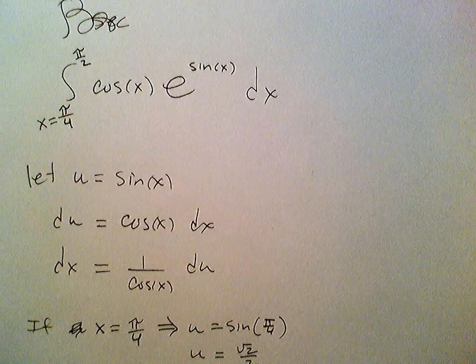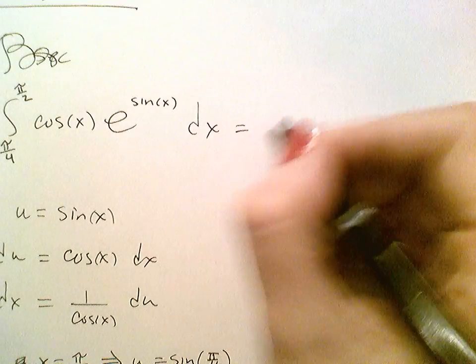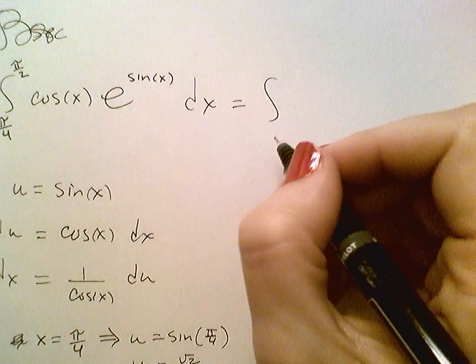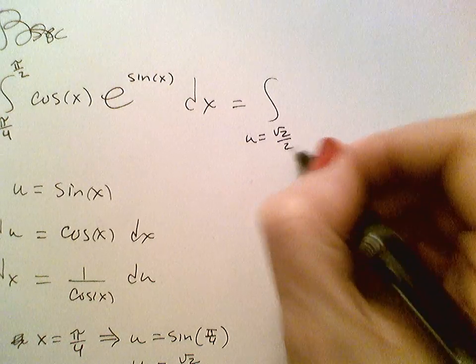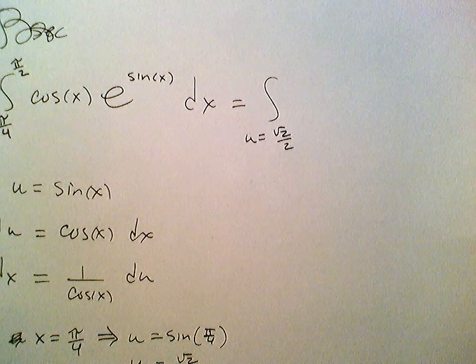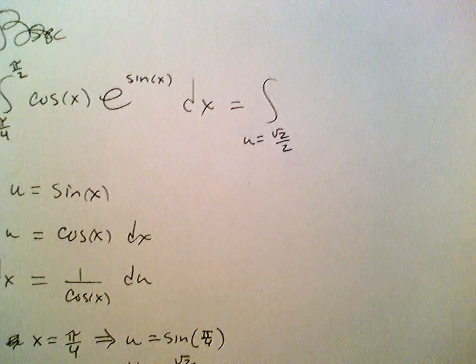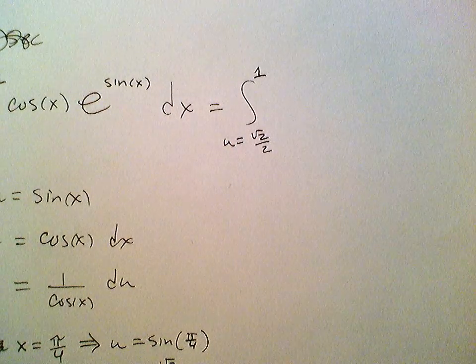I am ready to do the substitution up here. So this definite integral is changing into the integral from the lower limit, radical 2 over 2. You don't have to write U equals, but I'm doing that just to be super clear to my reader. This now represents a value of U. And then the upper limit changed to 1.